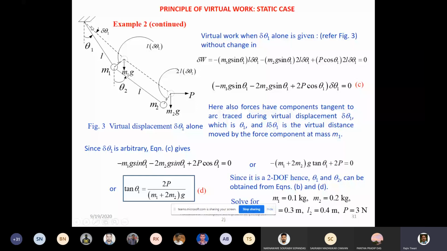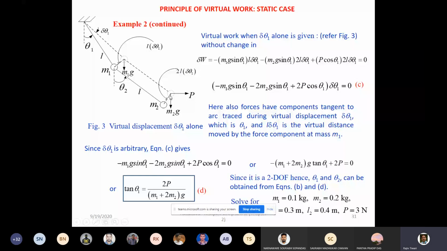The lower pendulum also gets the same angle of swing, but the displacement at the lower pendulum will be twice that of the upper one, because the swing angle is small and the length is large. So approximately the swing of the lower pendulum will be twice the upper one. Here L delta theta 1 is the swing in the tangential direction, and here it is twice.